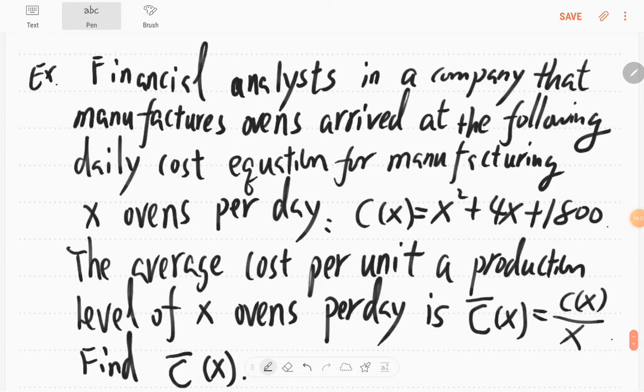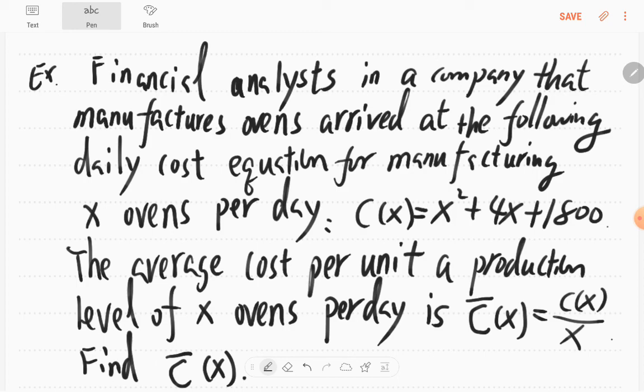Let's look at this example. The financial analysts in a company that manufactures ovens arrived at the following daily cost equation for manufacturing x ovens per day. The equation is given by C of x, the total cost, equals x squared plus 4x plus 1,800.